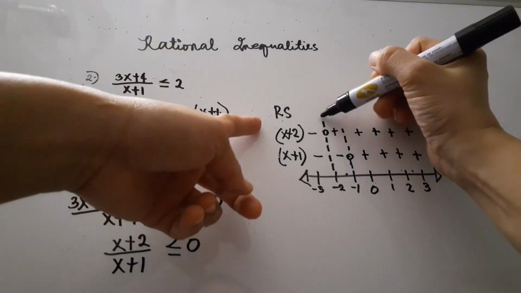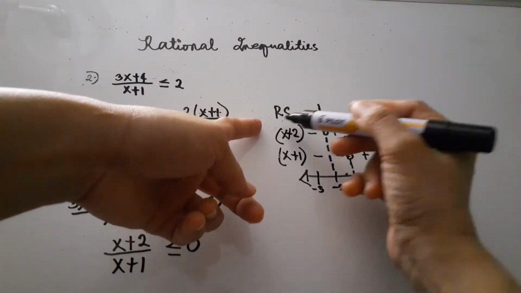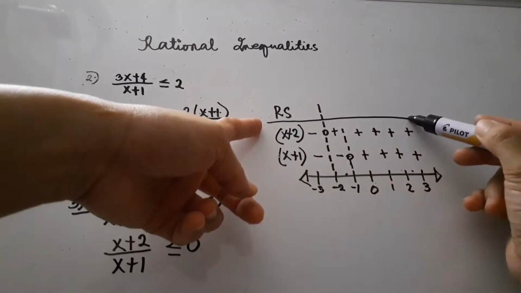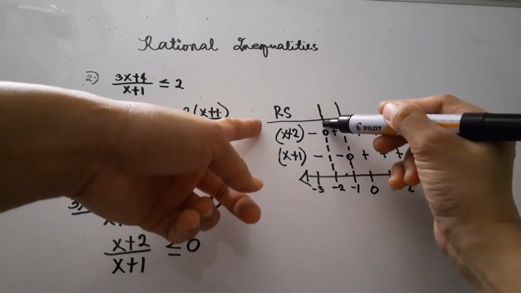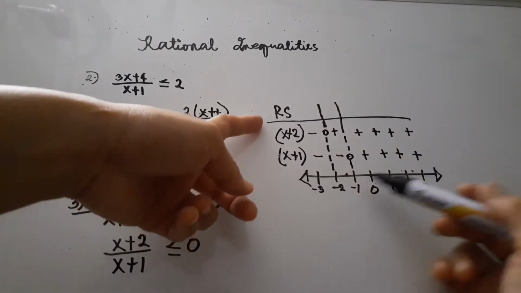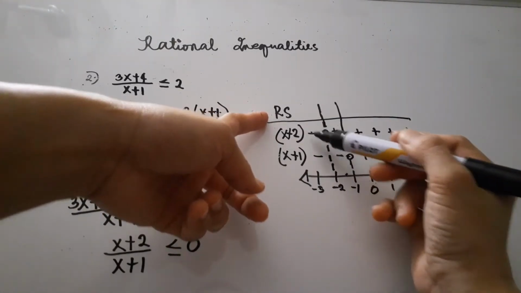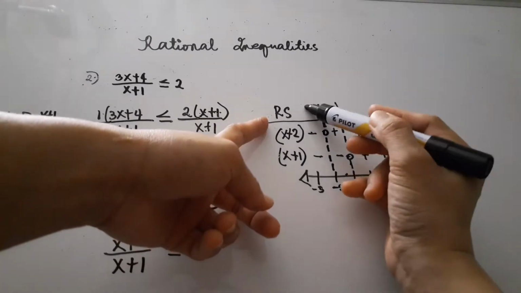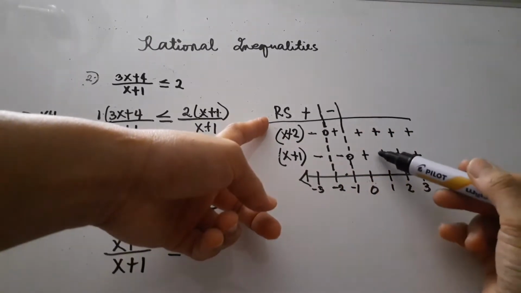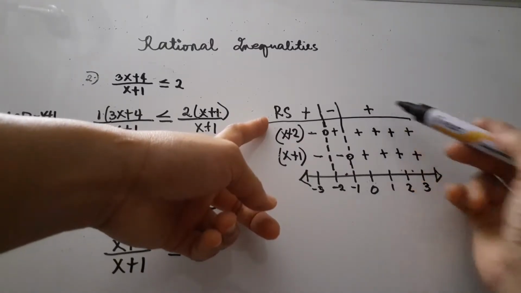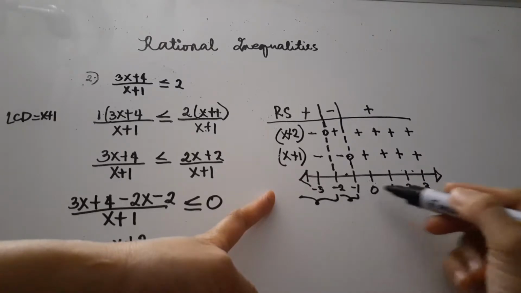And then in the resulting sign, we have to divide. So we have negative divided by negative is positive. Positive divided by negative is negative, and positive divided by positive is positive.